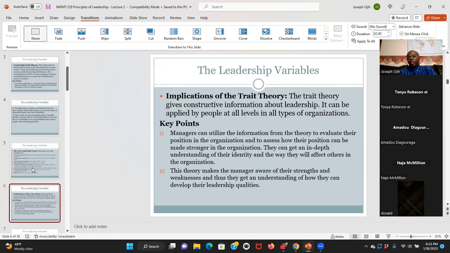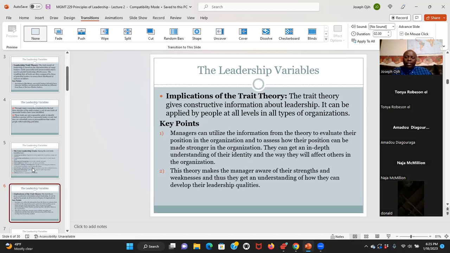It can be a corporate organization, a government agency, a school, or even a religious organization. The managers in these organizations can use the information from this trait theory to evaluate their position in the organization. Through this evaluation, they can assess how their position can be made stronger.